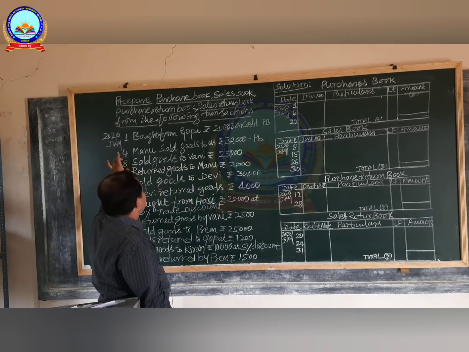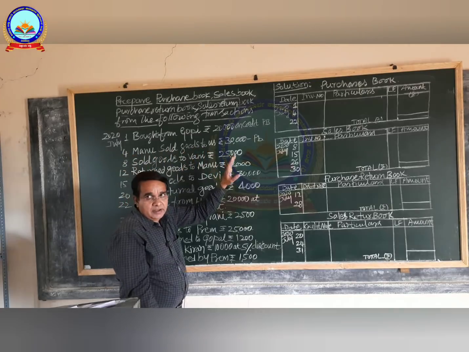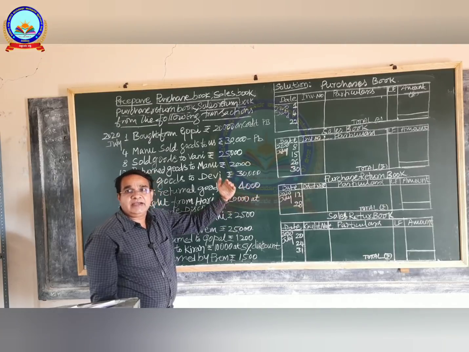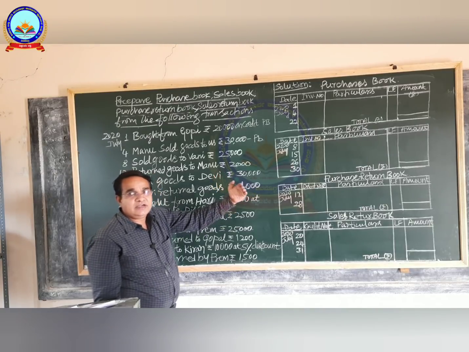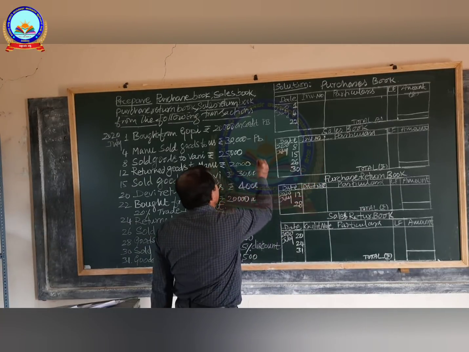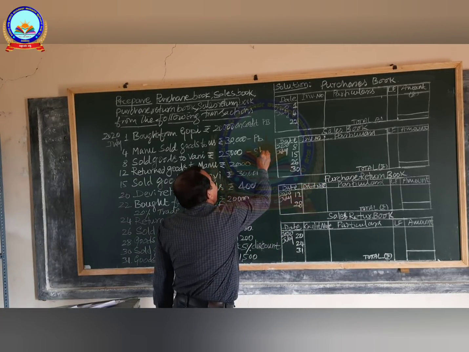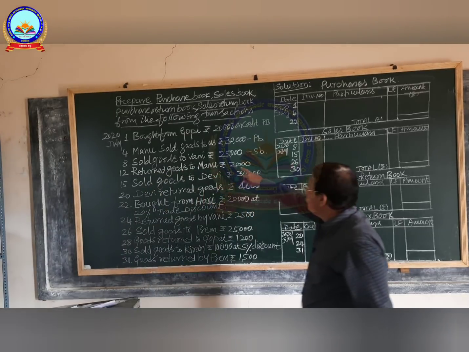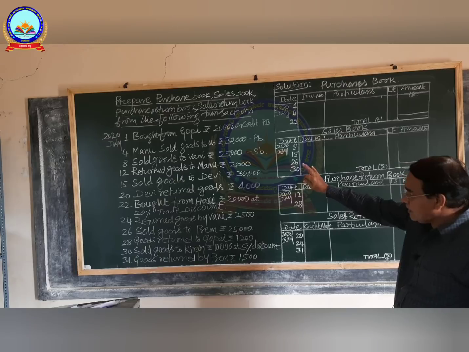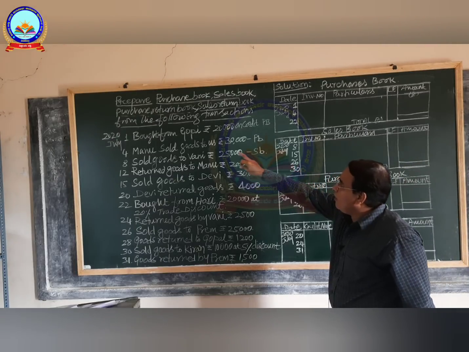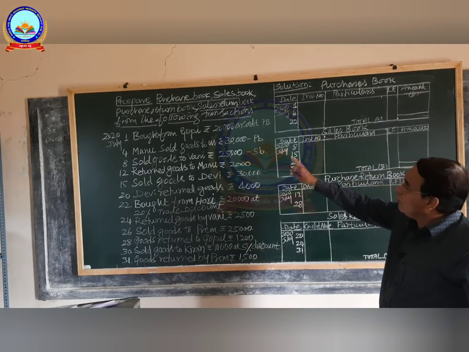And on 8th, sold goods to Vani. The goods sold to Vani, this is a credit sales transaction. It should be entered in the sales book. And on 12th, returned goods to Manu. See here, on 4th, Manu sold goods to us.